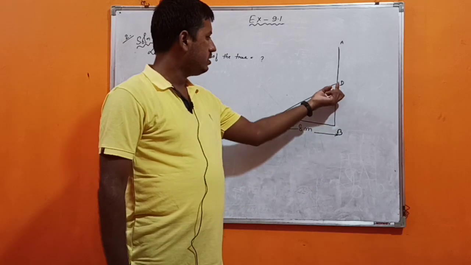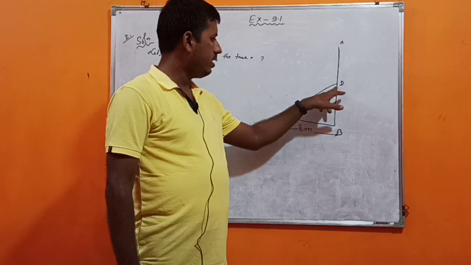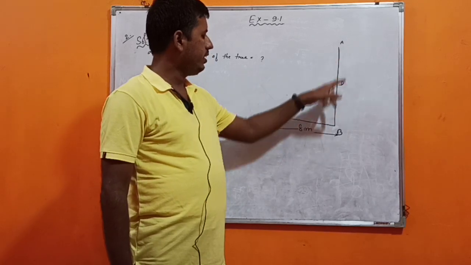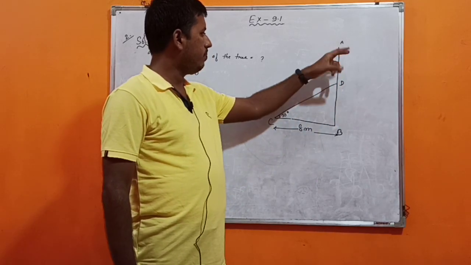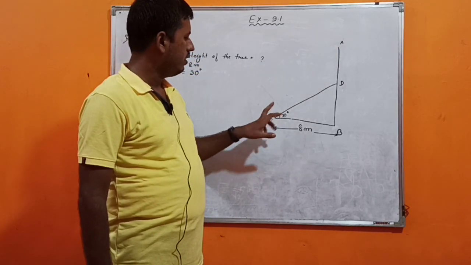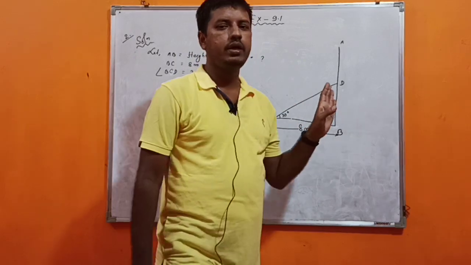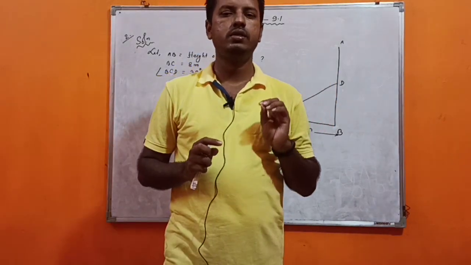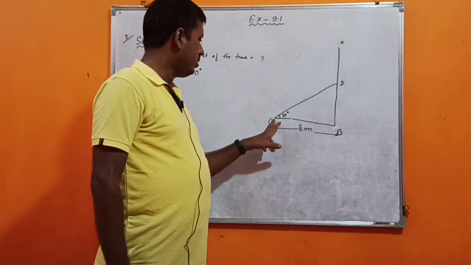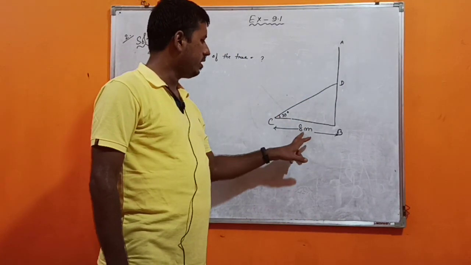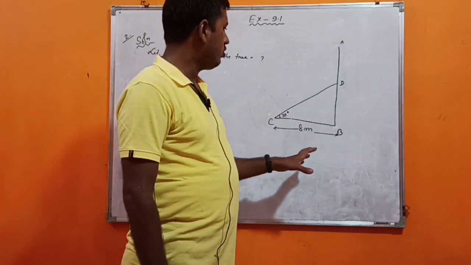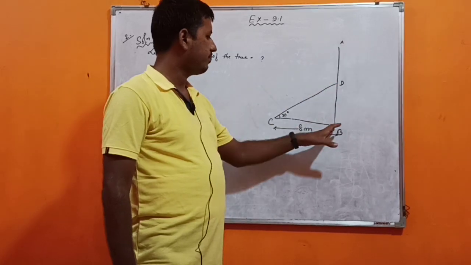Okay, and this part is not separated from the tree, it is just attached to the tree at the BD part, and the top part, that is A part, touches the ground, making an angle 30 degree with the ground, what is given in the question. And the top of the tree which touches the ground is 8 meter away from the bottom of the tree. Okay, so we have to find the height of the tree, that is AB.